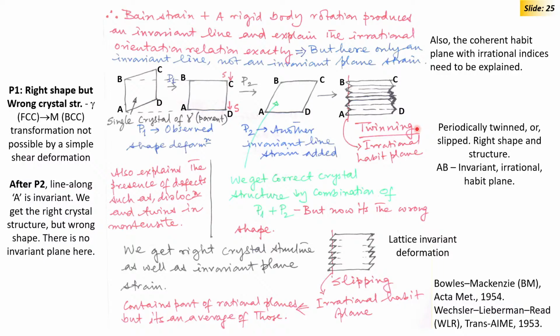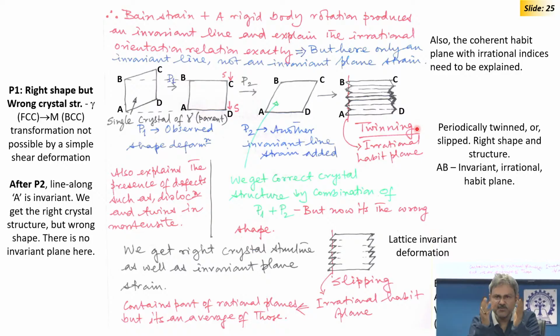Now, comes a more complex problem, because we could not explain 2-3 aspects so far. What we could not explain? We could not explain that there is something called habit plane, right? There is an interface plane and there is an invariant plane. So, this plane exactly remains coherent.